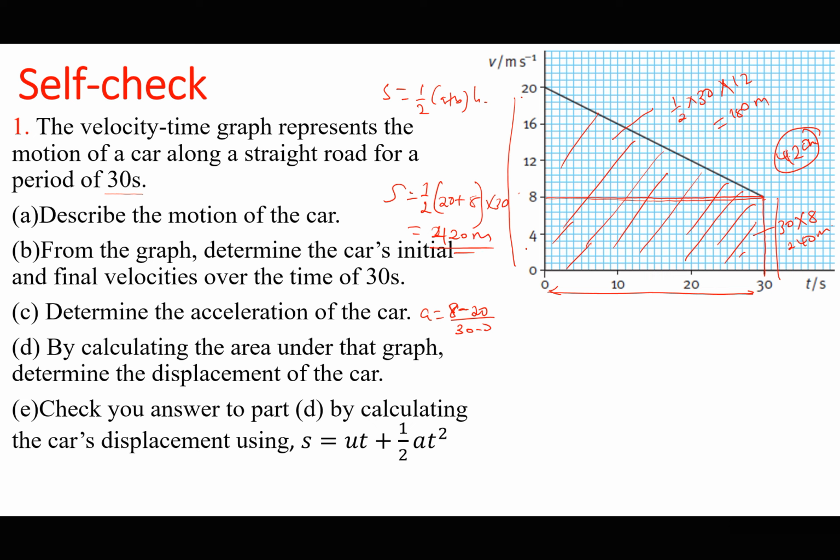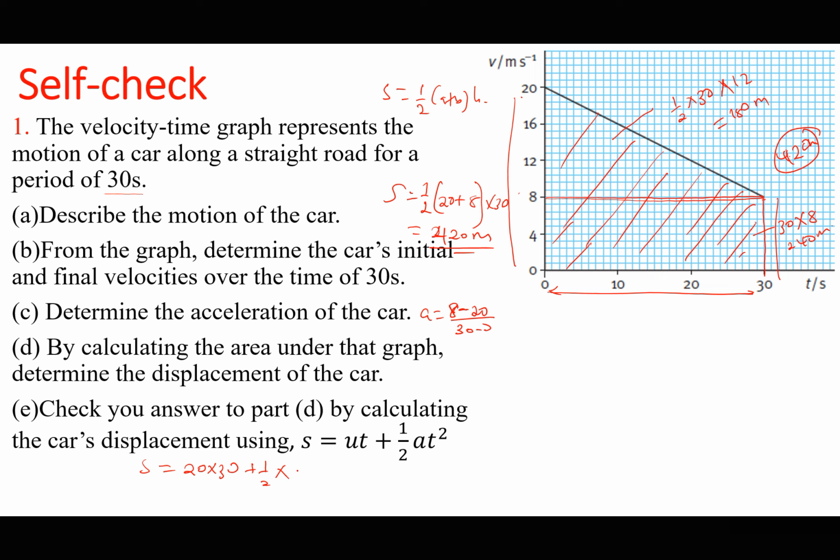Check your answer to part D by calculating the car's displacement using S is equal to UT plus half AT squared. So S is displacement, U is initial velocity, which is 20, times T, which is 30, plus a half. Acceleration is negative. What is the acceleration?